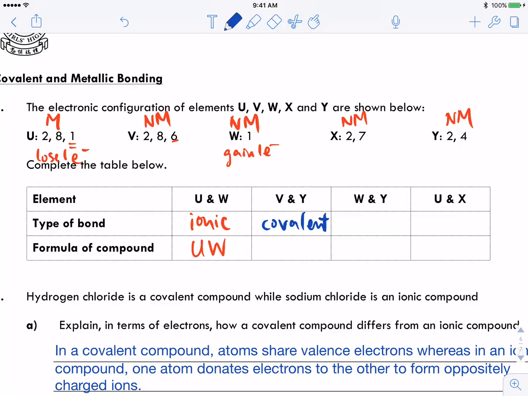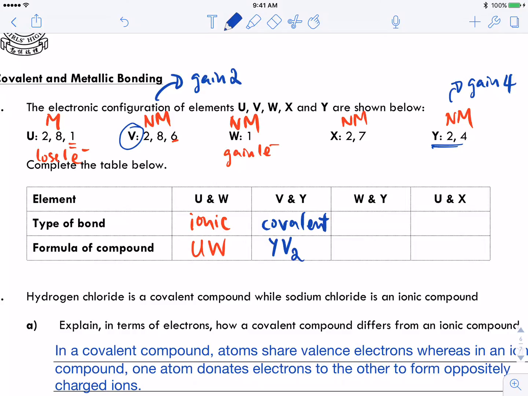Now, this is interesting because Y, I need to gain 4, whereas V, I need to gain 2. So how can I balance the number of electrons? I need to have 2 V for every Y. So the answer is YV2. Why do I write Y first?